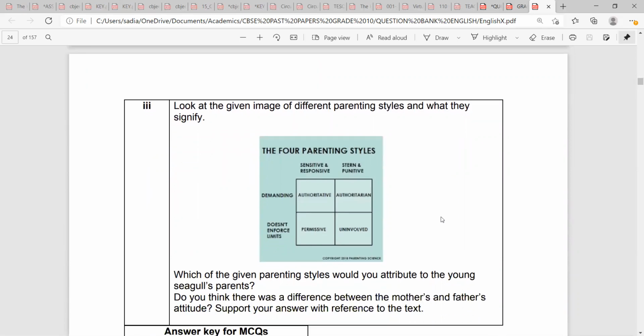Parenting style. Demanding, doesn't enforce limits. One is sensitive and responsive. One is stern and punitive. One is authoritative. One is authoritarian. One is permissive.